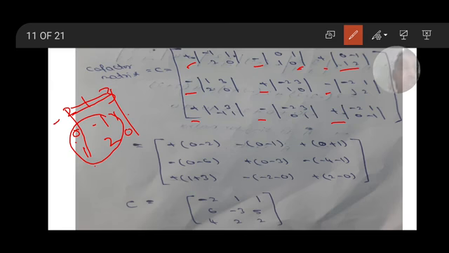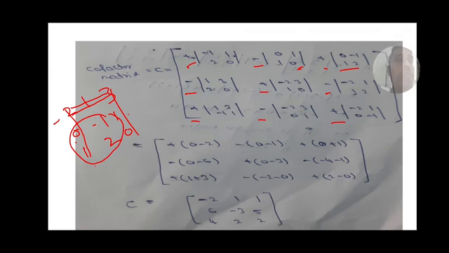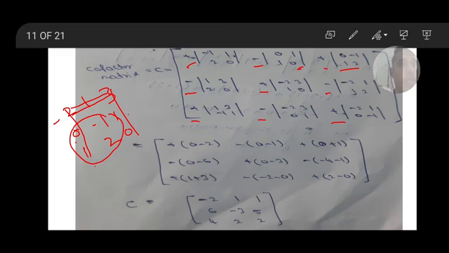Like that it is a cofactor matrix, with the determinants of the minors for each position. We get it like that.